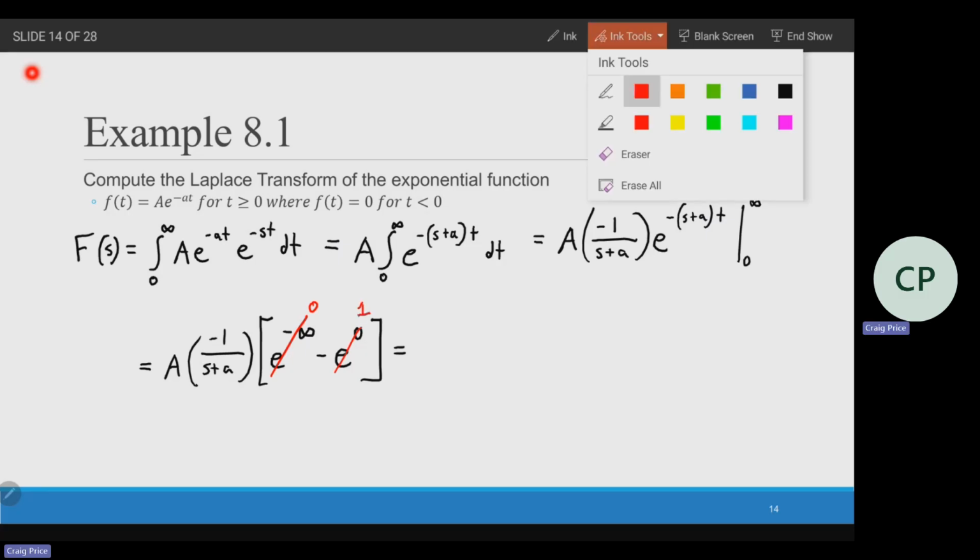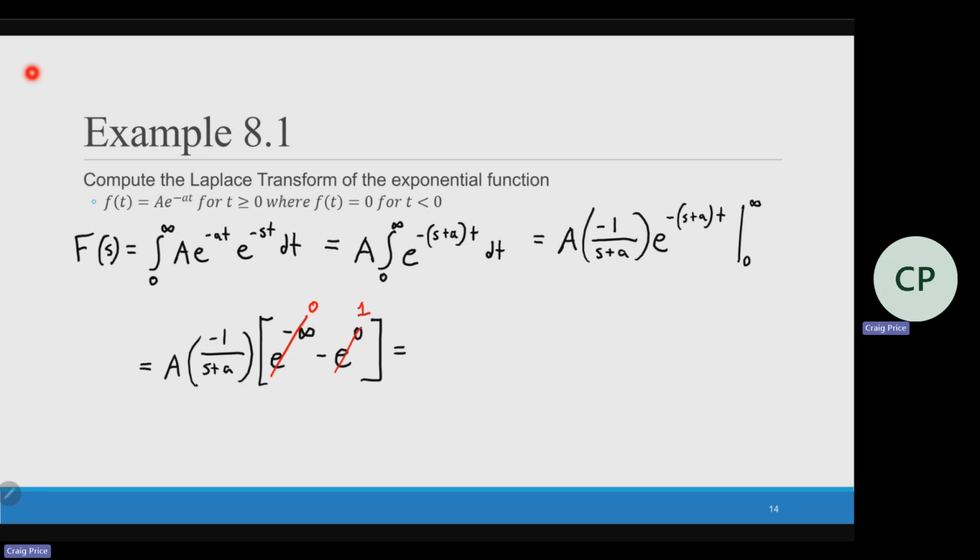Great. So basically, we take all this times a negative 1, and my Laplace transform is whatever that constant is over s plus a. So that is the definition of a Laplace transform. That is how I can take a time-based function and bring it into the S domain.